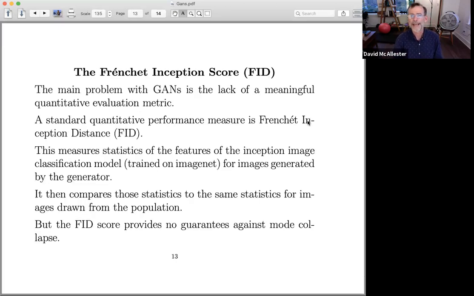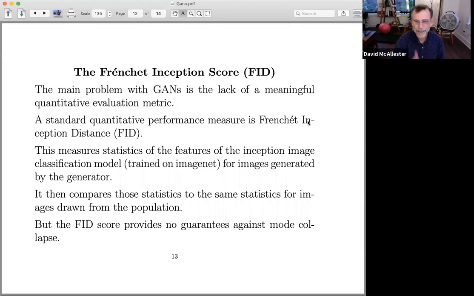So there's this thing called the FID score that tends to be used, the Fréchet Inception distance. So what's going on here is you take the Inception network. You may remember that the Inception network was this incredibly complicated but very deep network that came out of Google for ImageNet classification. But they just picked this for no good reason. They picked this particular network and they picked a layer in this network.